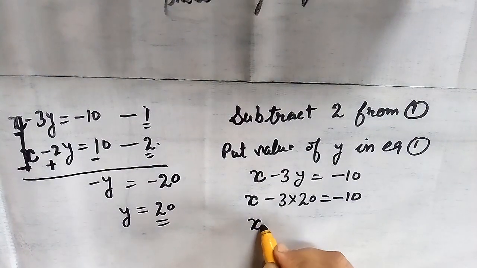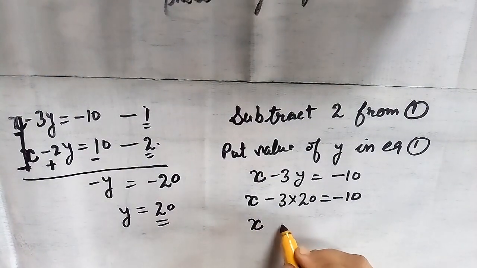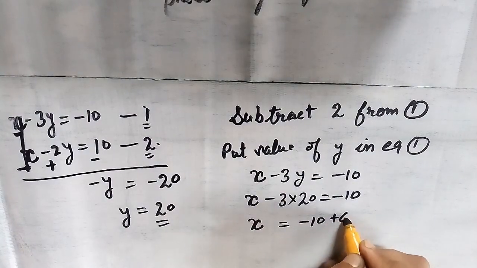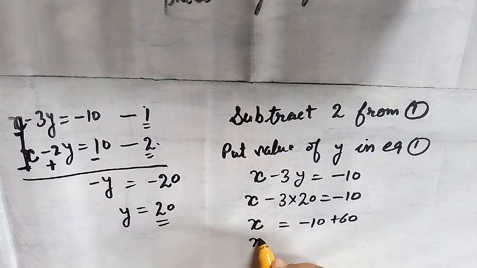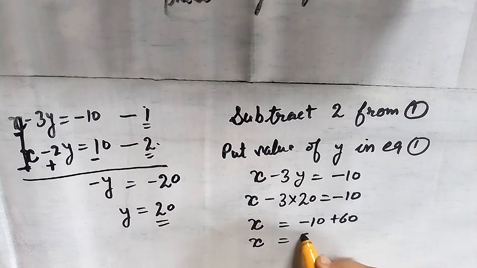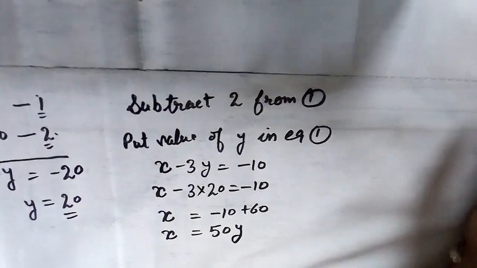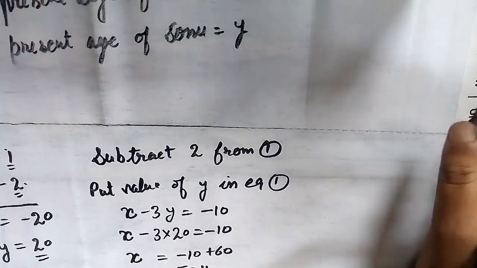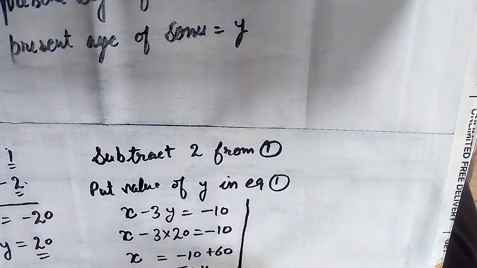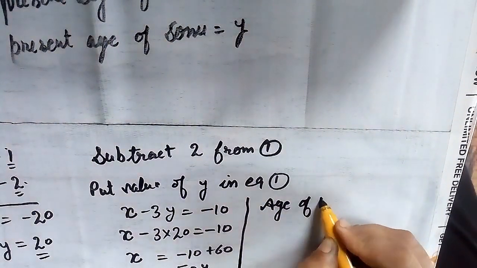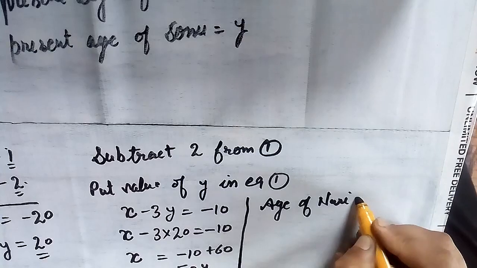And 3 2s are 6, 3 20s are 60. So x will be equal to minus 10 plus 60. Take 60 to the right, it will become positive. Minus 10 plus 60 is equal to 50. So x will be 50, which means 50 years. So this was the age of Nuri.